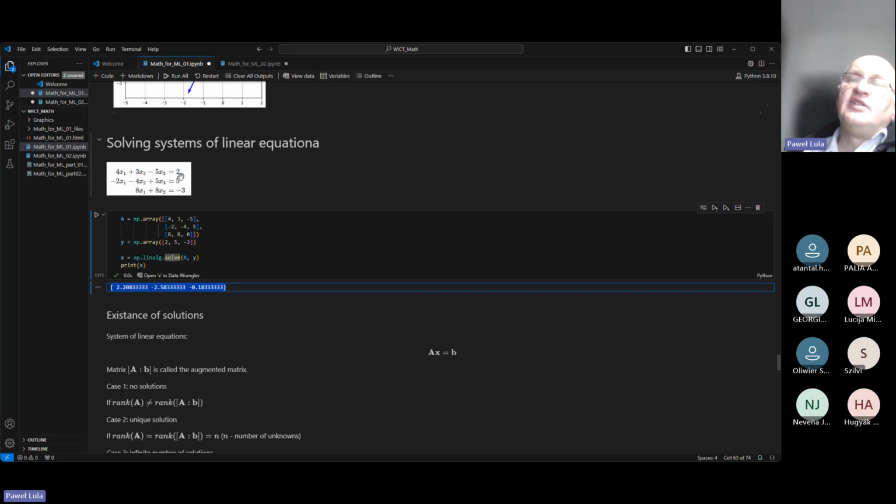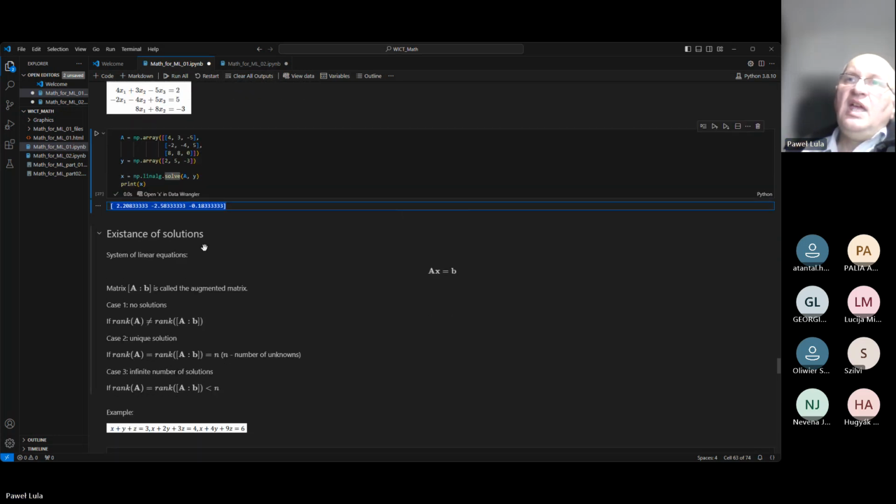But if these ranks are equal to each other, and the rank of matrix A or the augmented matrix is smaller than n, then we have an infinite number of solutions.